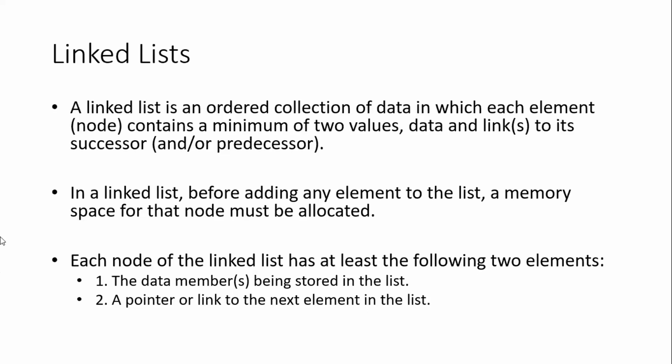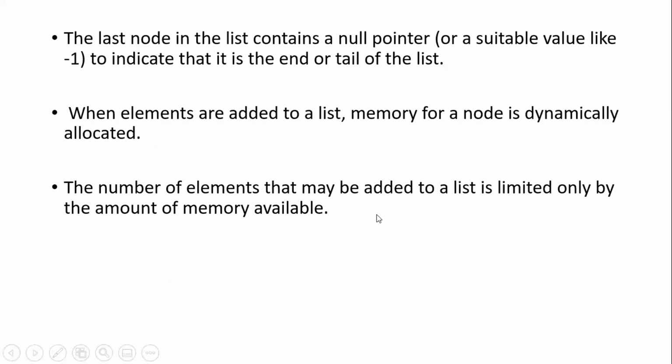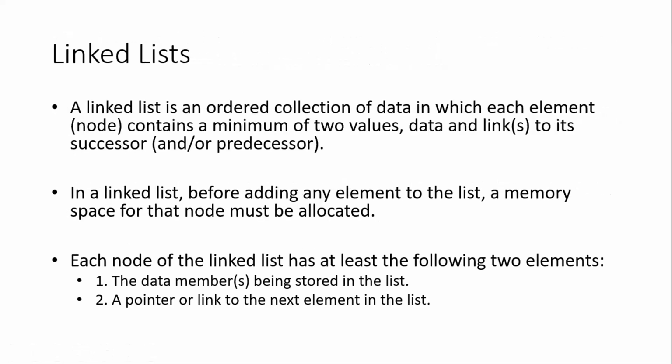In a linked list, before adding any element to the list, a memory space for that node must be allocated. So here what we are doing is, we will first allocate a memory location only for one node or two nodes or three nodes, whatever data you have at hand, and the memory is allocated dynamically as and when needed.